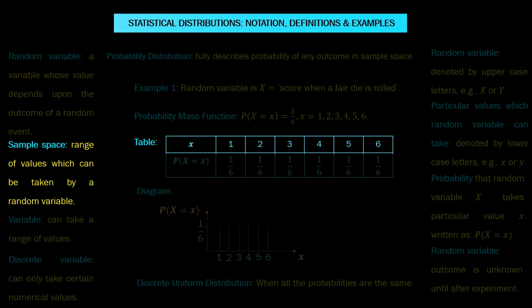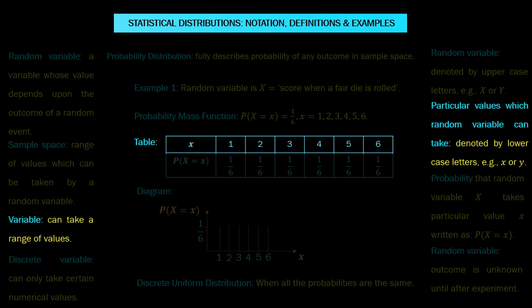And now for the sample space. Notice here we have the full range of values that can be taken by our random variable, so 1 all the way up to 6. Also, notice, of course, the variable can take a range of values, as we just mentioned, and the particular values which the random variable can take has been denoted by the lowercase letter x.